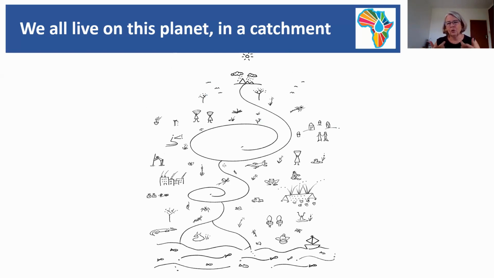Now, you and I and everybody else in the world lives in a catchment. It's one of the fundamental things that links us as human beings. We are dependent on both the earth for land and water, and we live in a holistic, connected way. And I'd like you to remember that as we go along through this course.